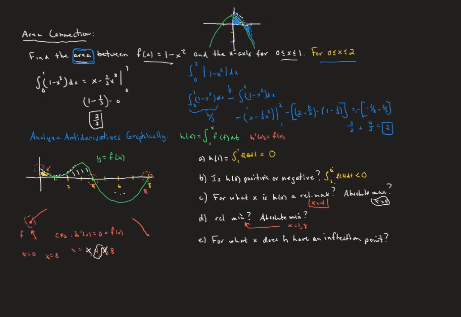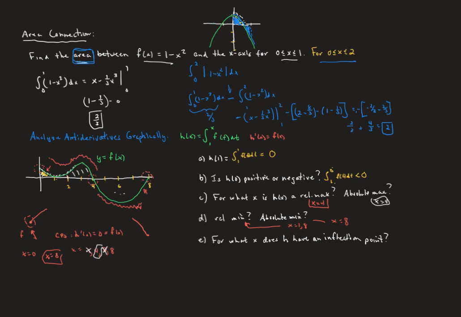And so here's our judgment call. It looks like we have gathered up more area underneath the curve from 4 to 8 than we gained with the area above the curve from 0 to 4. So my guess then is that x equals 8 is going to be where the absolute minimum occurs.